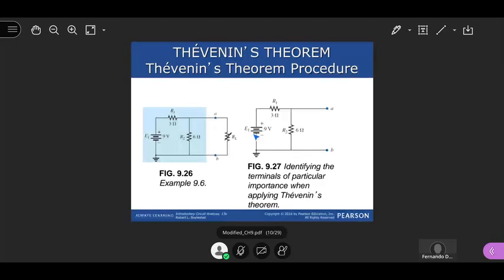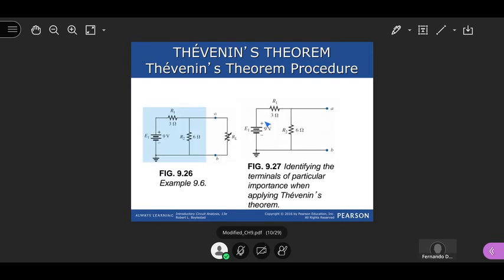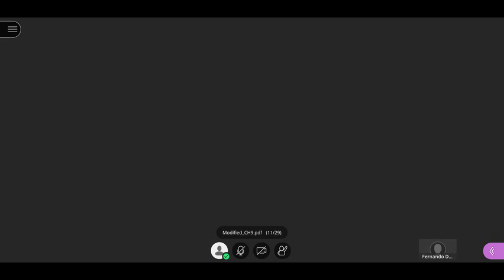So for example, you need this circuit, right? You will first isolate the circuit, which is this part here, as you see here. Isolate the circuit, and you need the terminals A and B, you remove the load. Forget about the load, right? Then, after you do that, you will take all the voltage sources and substitute them by a short circuit, as you see here.